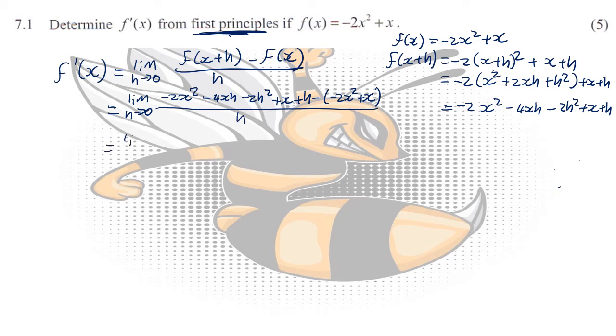From there we continue simplifying. So we have minus 2x squared minus 4xh minus 2h squared plus x plus h minus, the minus times the minus gives me a plus, so plus 2x squared minus x, over h.